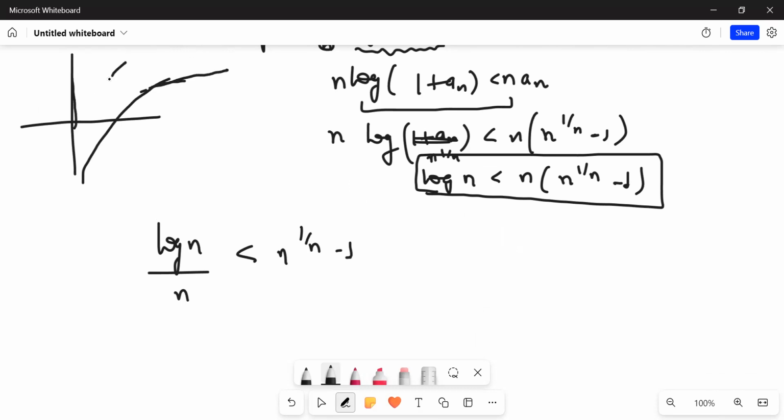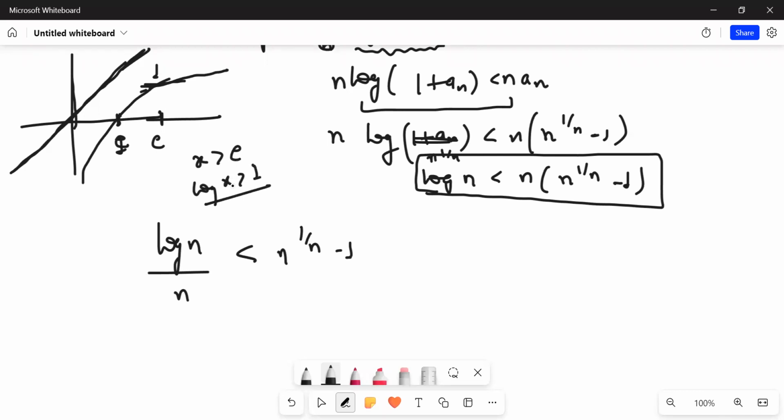This is e, and at x equal to e, the value will be 1. So for all x greater than e, log of x is greater than log of e, which is 1. And if I use this for natural numbers, for all n greater than e, the next natural number after e is 3, right? So for all n greater than 3, log of n would be greater than 1.